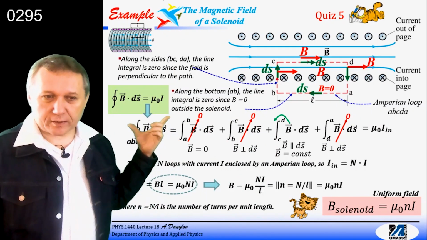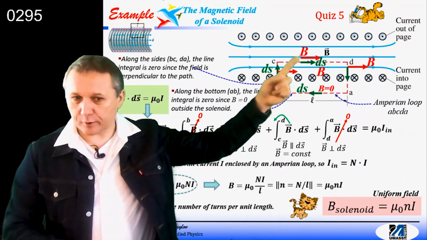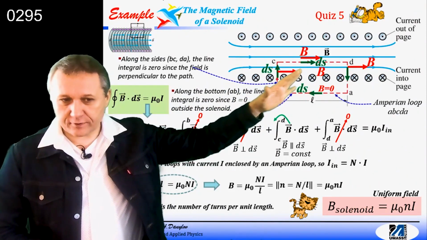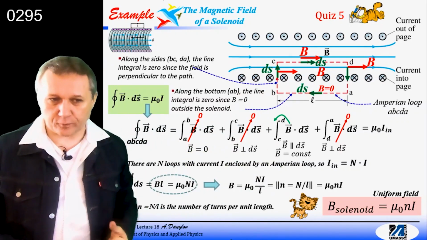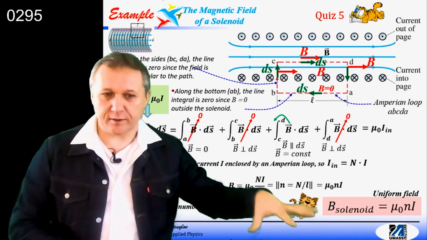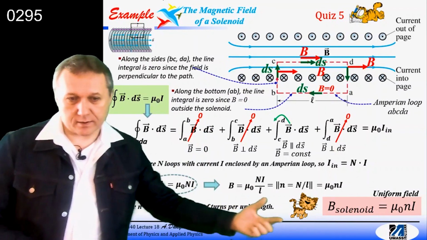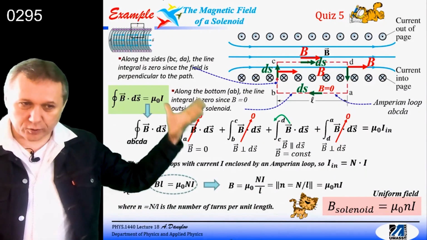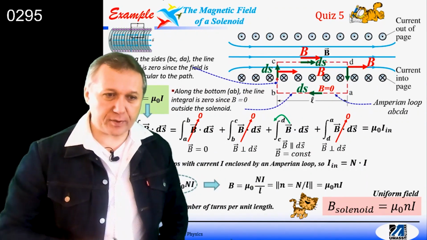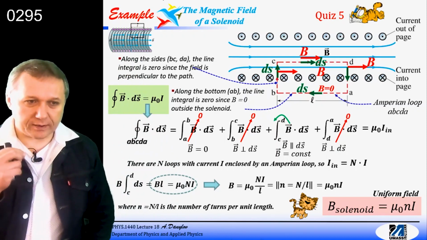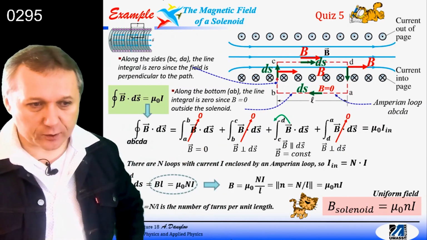Using Ampere's law, you need to draw a solenoid, draw an Amperean loop, and show all these vectors B and ds for each part of the loop, because you will have to split the integral into 4 integrals. Justify that this integral is 0, that integral is 0, this one is not 0, and then derive this formula. Very simple. I just want you to do this at home by yourself, on a blank piece of paper. And after this lecture, I need to create quiz number 5 in Gradescope. So that will be your quiz 5.